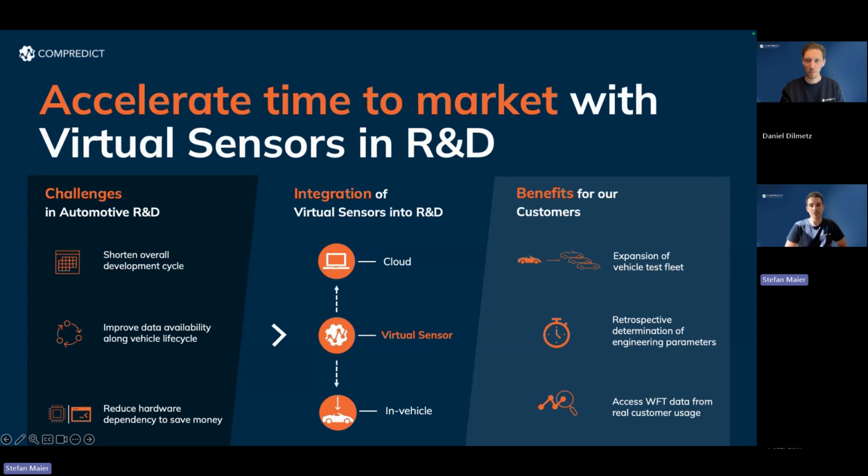For example, if you deploy a virtual sensor via cloud into your development vehicles, you have in no time data not only from one development vehicle equipped with a hardware sensor, but from several vehicles or a whole development fleet, and this without any additional hardware.